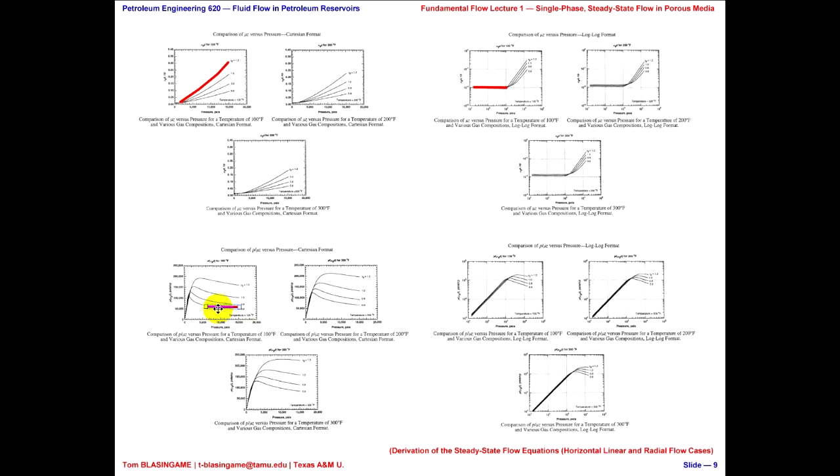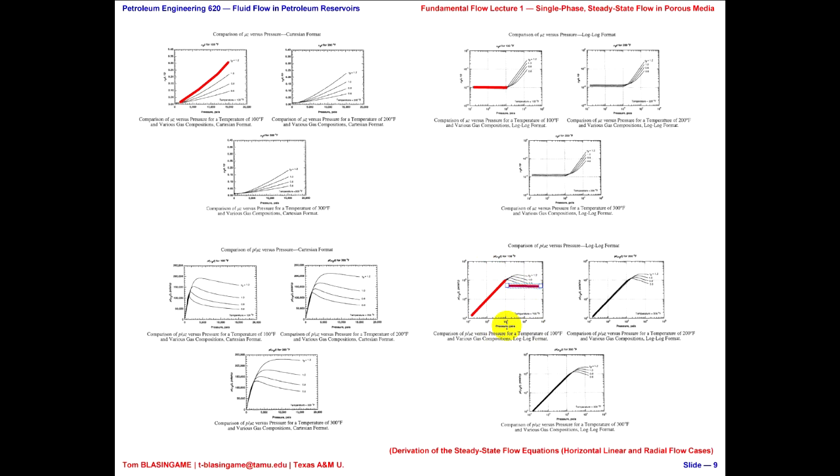But Wattenbarger and Ramey said for pressures greater than 4,000 psi, P over mu z was constant. Do you agree? It looks constant, but let's take the logarithm of both scales. So this, is that constant? I don't think so. Is this constant? Sort of. No, no, no, no, right?